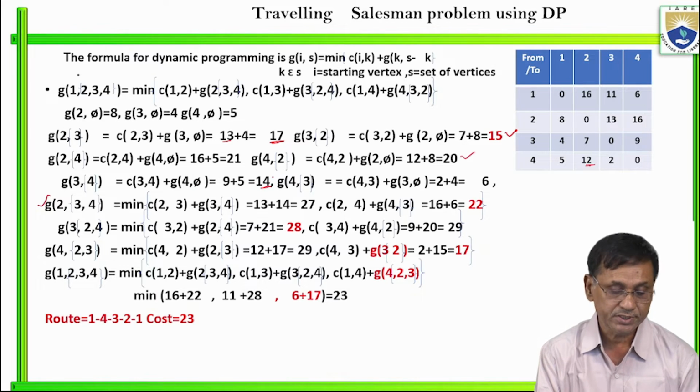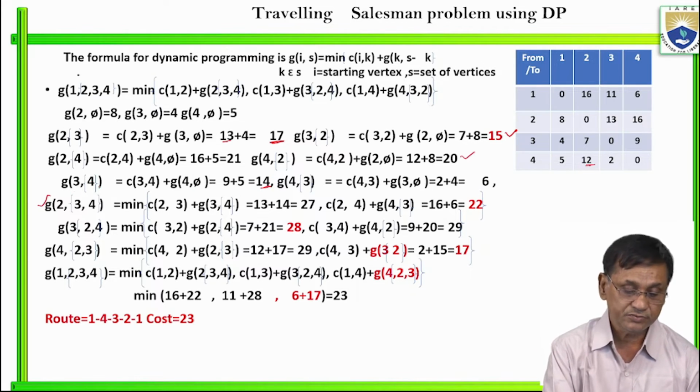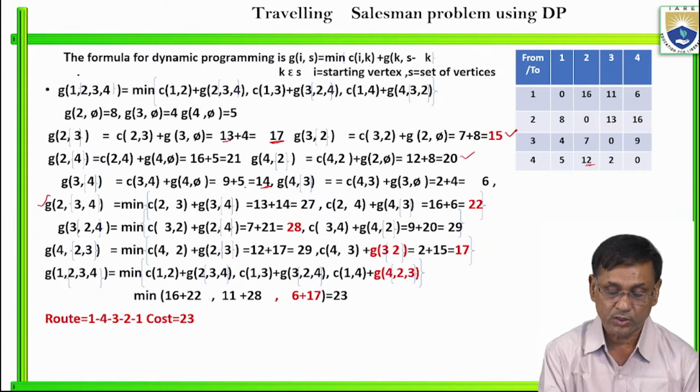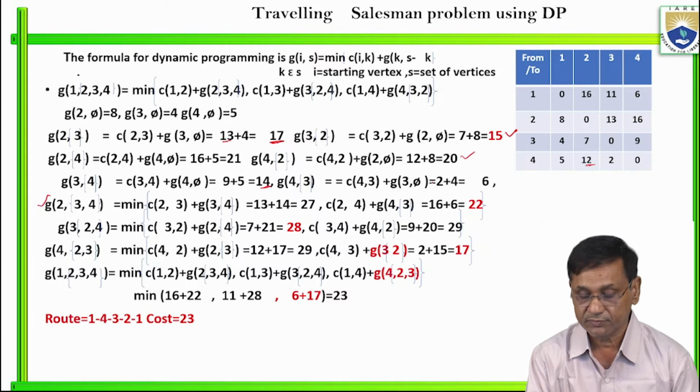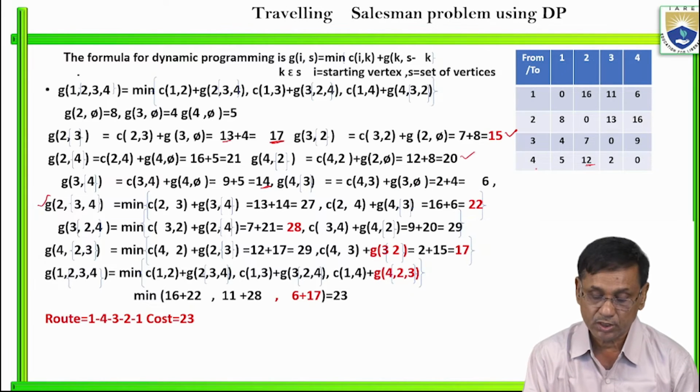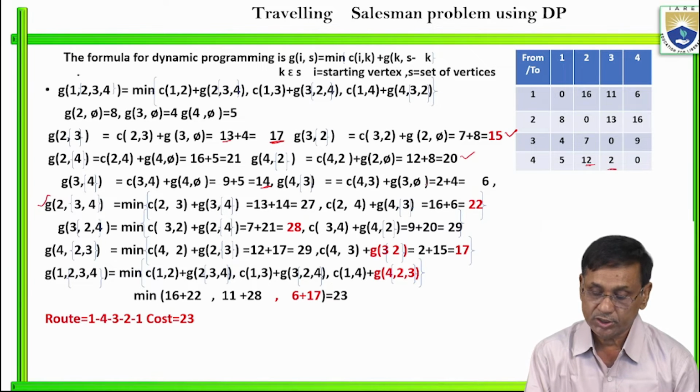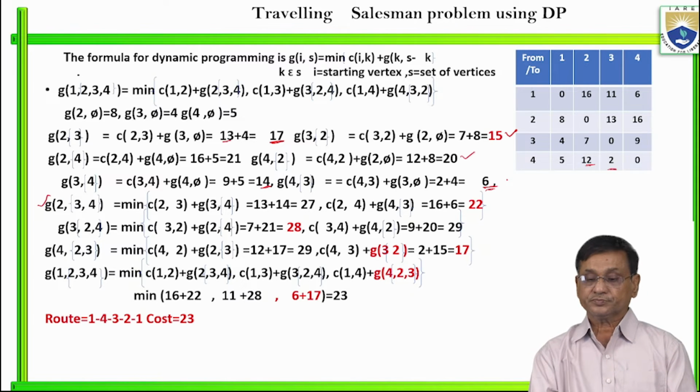So this value is 14. So G of 3 comma {4} is equal to 14. And again G of 4 comma {3} is equal to C of 4 to 3 plus G of 3 to 1. C of 4 to 3 is equal to 2 and 3 to 1 is equal to 4. This value is equal to 6.